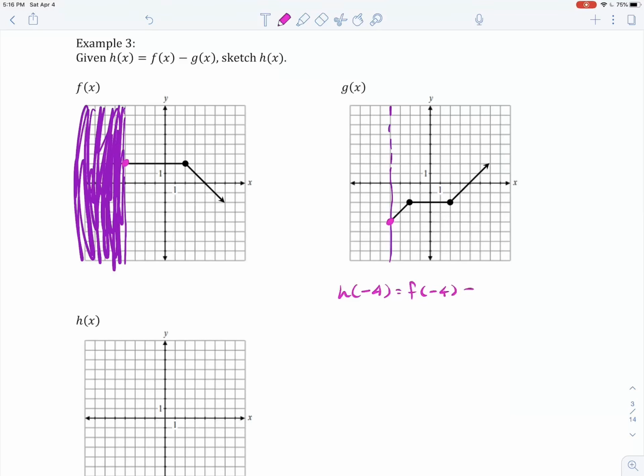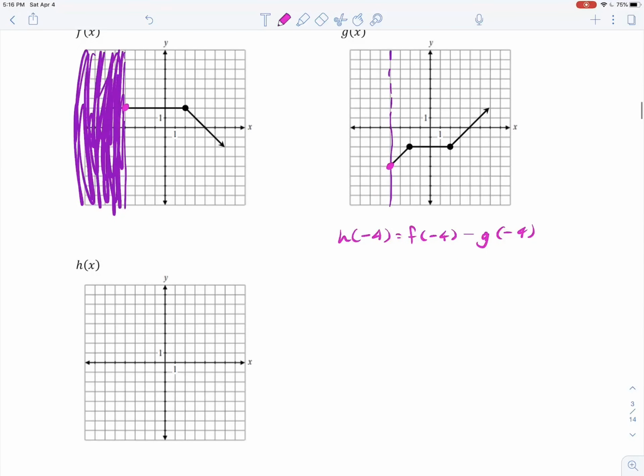That's f of -4 minus g of -4. F of -4 we've said is +2. G of -4 is -4. We should get a value of 6. So when x is -4, h of x is 6.